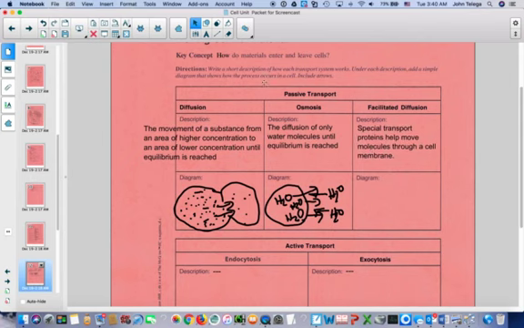And basically what I did here is I made a cell, and then here's my little transport proteins. They're like little cars. There they are. And these help to move things through. So they're molecules.